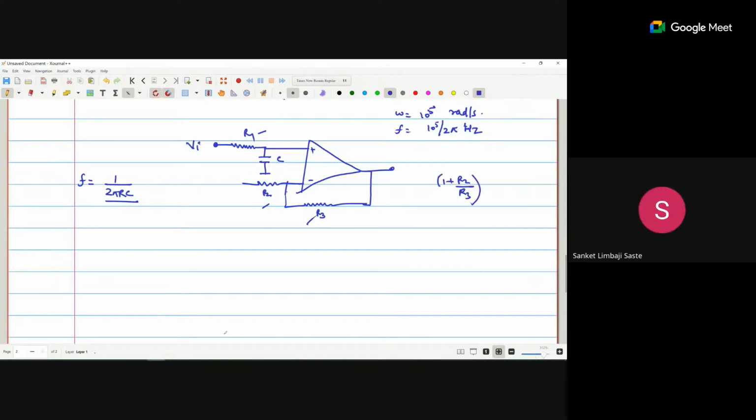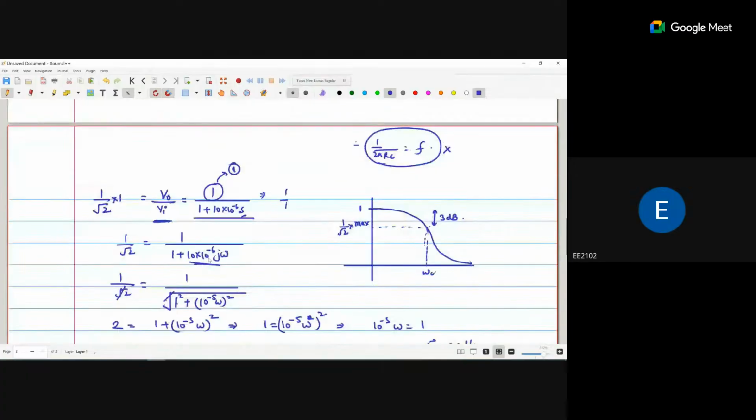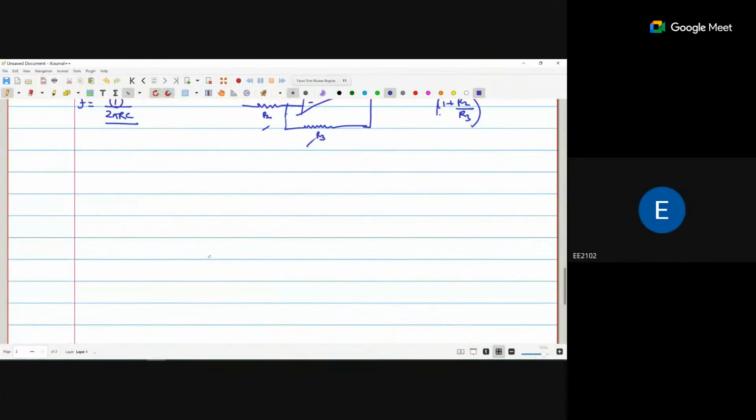So there is a gain also. For example, say we get the transfer function of 100 into 1 plus 10 raised to power minus 5 omega. Now this is my transfer function. So what should I do in this case?